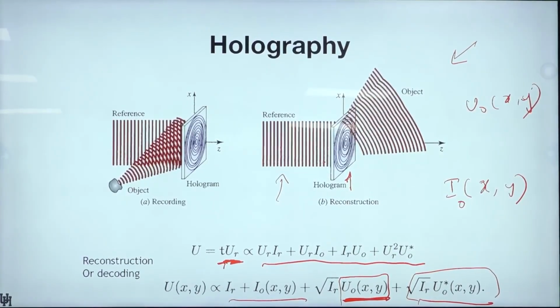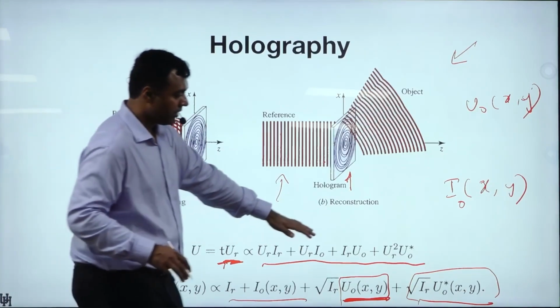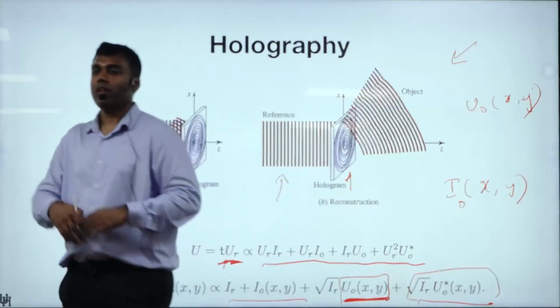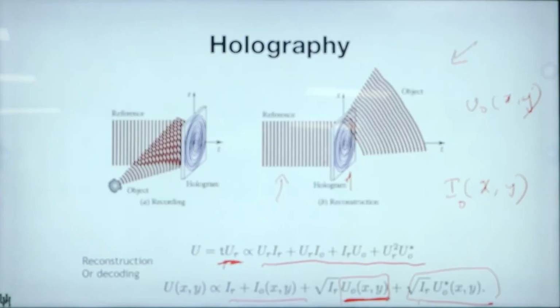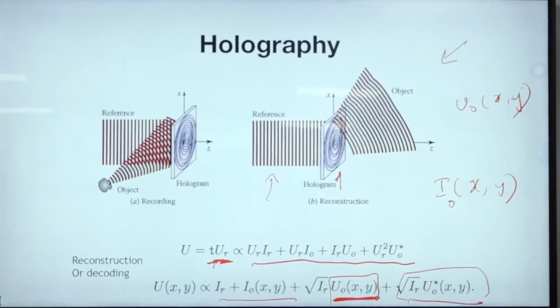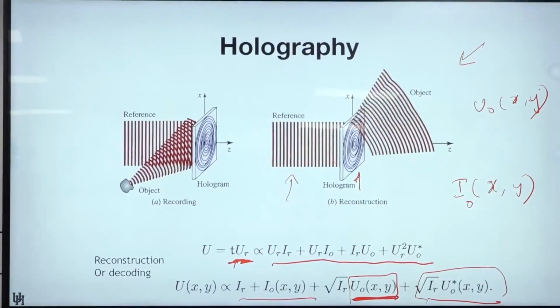That's when you see a perfect hologram. But in practice, you see U0 of x comma y and U0 conjugate of x comma y. So that is basically in some sense a fake image.